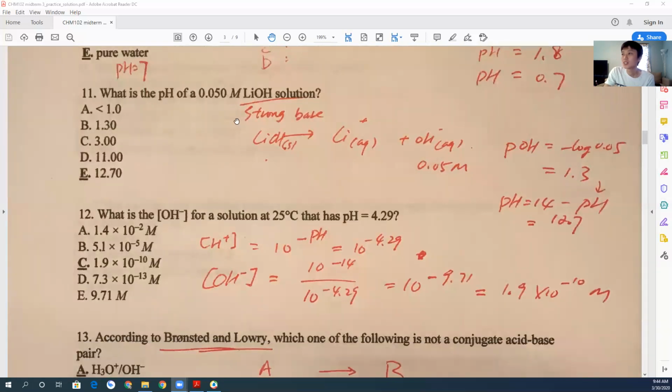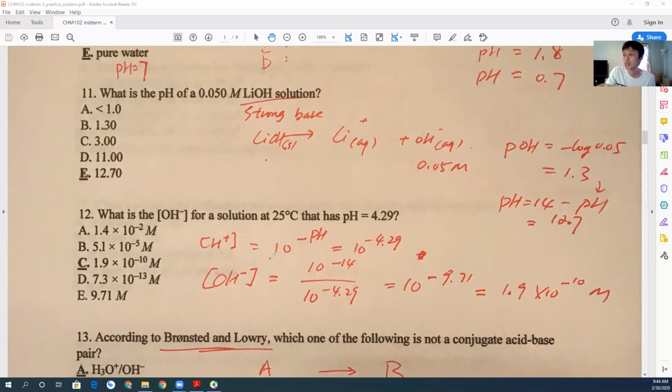So the next problem is the reverse of number 11. The pH is given, so we want to calculate the hydroxide concentration. Again, there are two approaches. In the solution, what I did is first calculate the proton concentration using the pH.